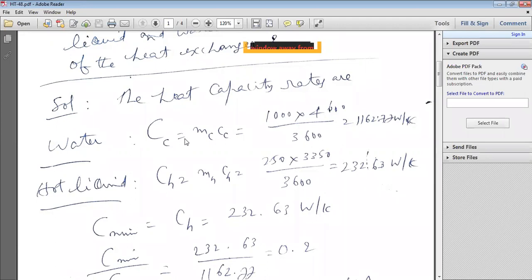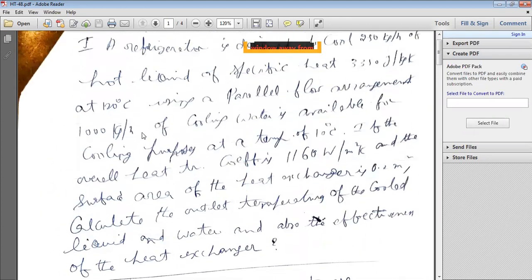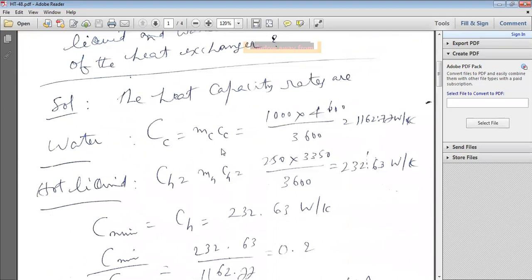So capital CC is equal to heat capacity of the cold fluid, which is equal to mass of the cold fluid into specific heat of the cold fluid. Here cold fluid is water. What is the mass flow rate of water? That is 1000 kg per hour of cooling water is flowing. That's why mass flow rate 1000 kg per hour.